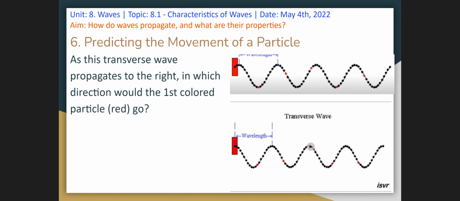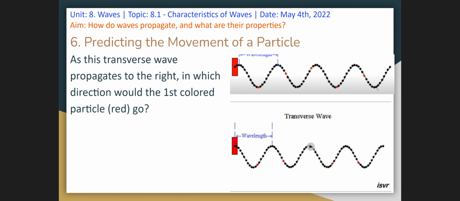So let's focus on this red dot right here on the image, okay? I know the slide says first color particle, that's fine. We're going to do the third color. So as this wave is propagating to the right, in which direction would the third color particle go?